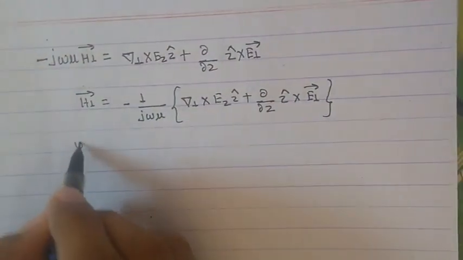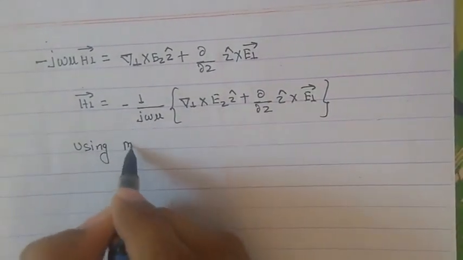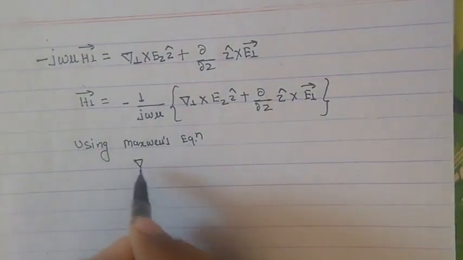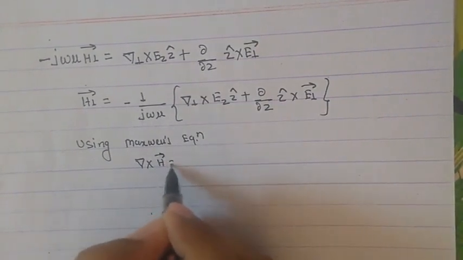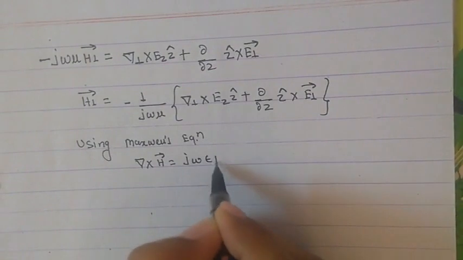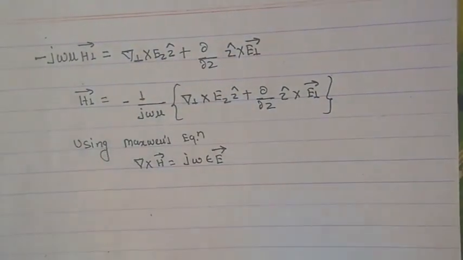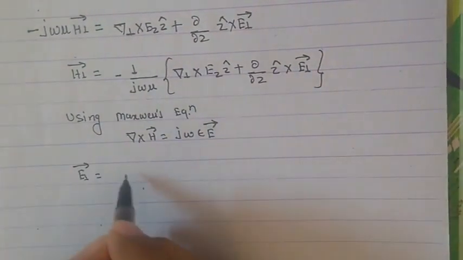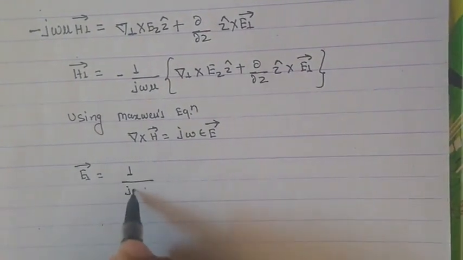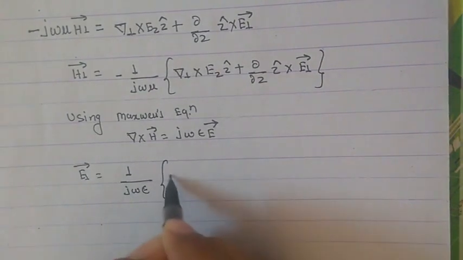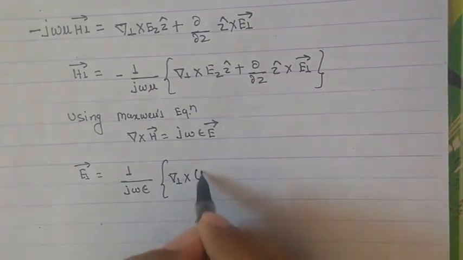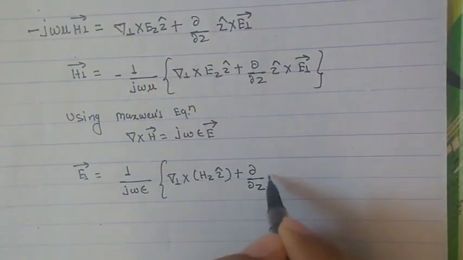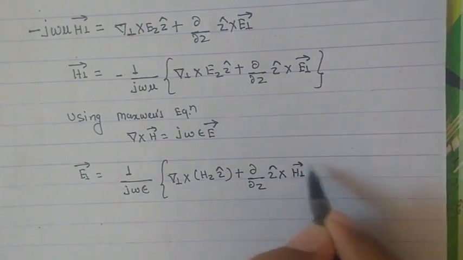Now you can use the other Maxwell's equation, which is for H. Del cross H is equal to j omega epsilon E, and following the same steps you can come to E transverse is 1 over j omega epsilon times del transverse cross HZ Z plus del by del Z, Z cross H transverse.